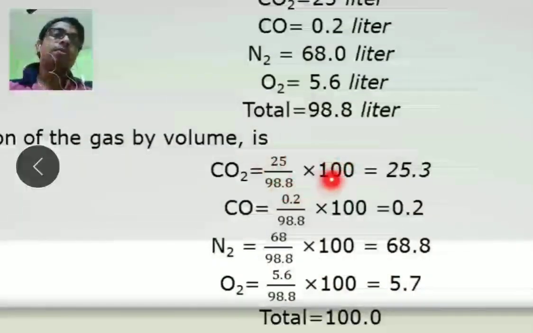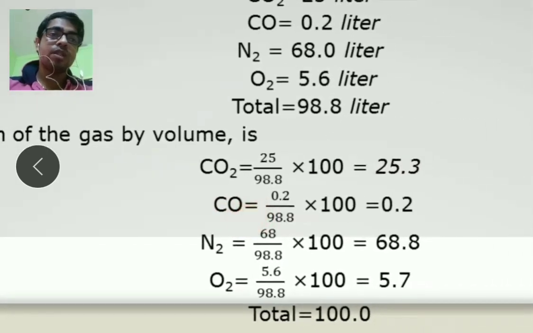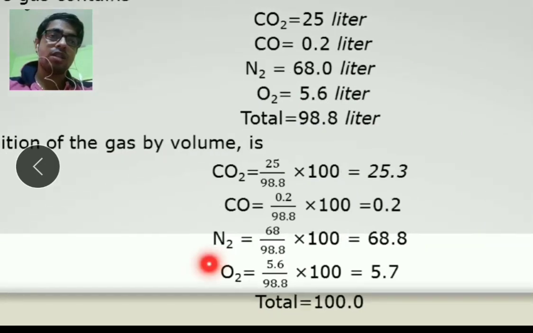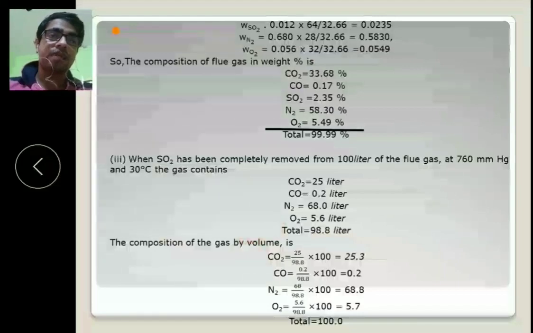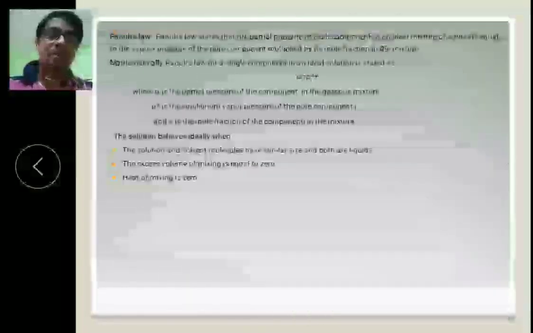We have to multiply it because as the sulfur is removed, all the percentages will increase a little bit. From this we find carbon dioxide 25.5%, carbon monoxide 0.2%. Carbon monoxide changed very negligibly, nitrogen is 68.8, and oxygen is 5.7, total is 100, right? So after removing sulfur dioxide, we find this percentage in volume, right?